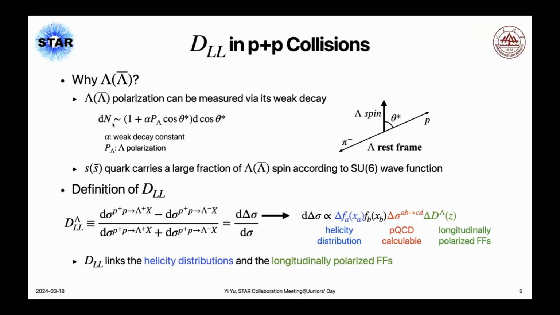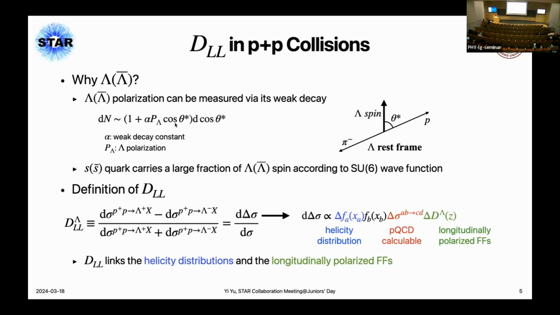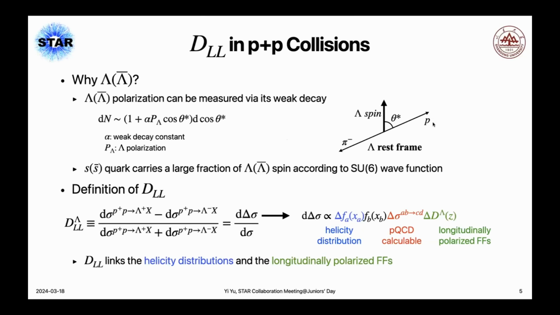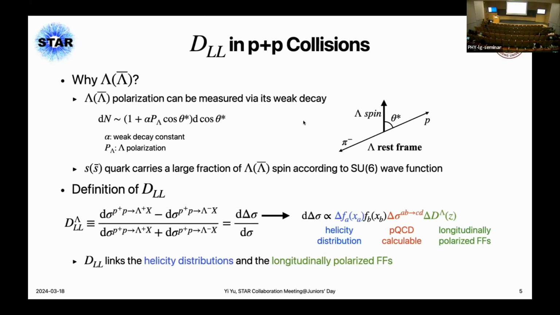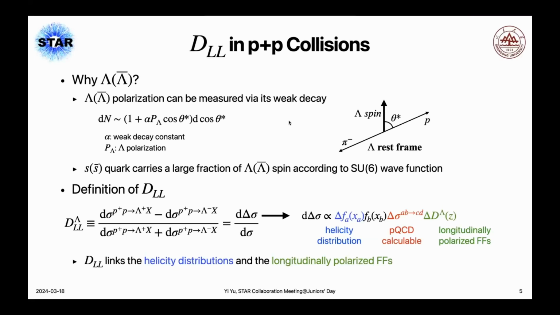Here, P_lambda is the polarization of lambda, and theta star is the angle between the proton momentum and the lambda spin. Also, according to the SU(6) wave function of the lambda, the strange quark or antiquark carries most of its spin, and therefore the polarization of the lambda reflects the polarization of the strange quark.